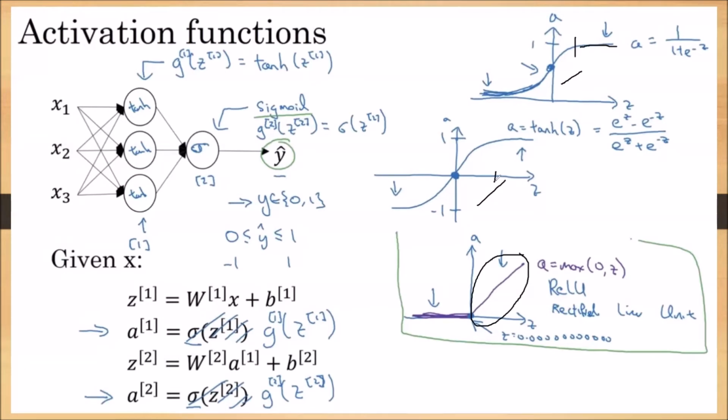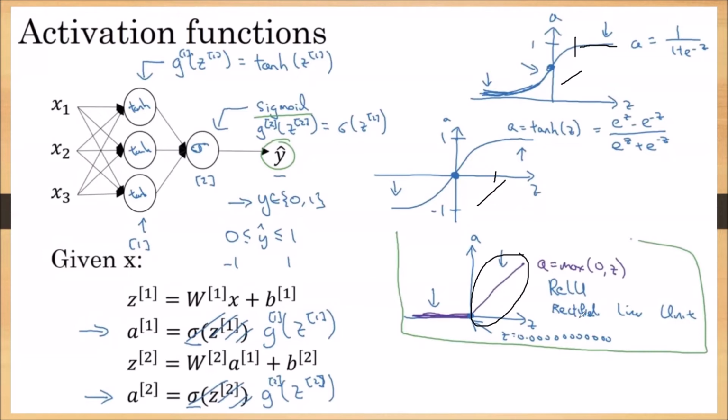Because of this, sometimes whenever I change the Z value, the output does not change at all. But when I take a linear function like the rectified linear unit, its slope does not become 0 after a particular value. That's why we can prefer this in the hidden layers.